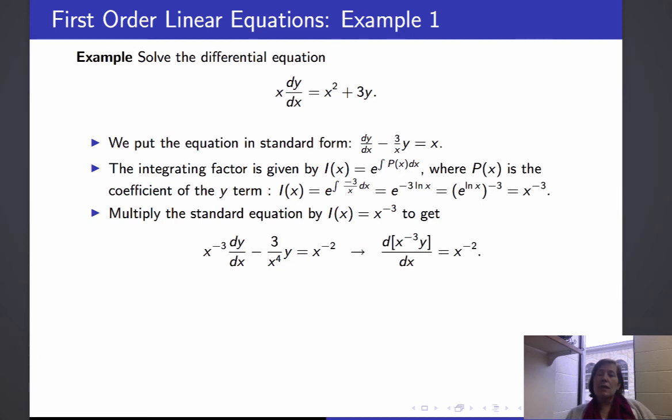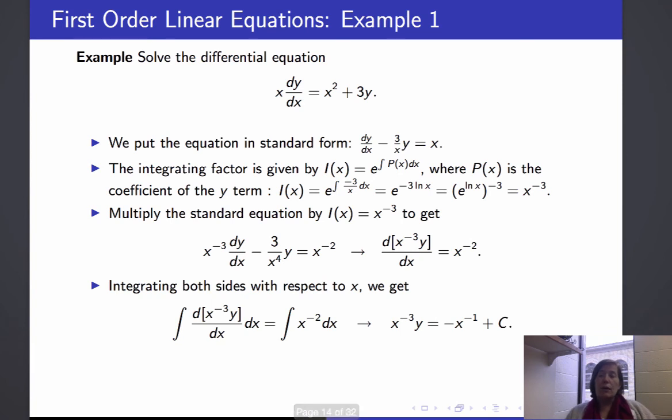This left-hand side should always be the derivative of y times the integrating factor. You should check that just to make sure that you've calculated the integrating factor properly. The important thing is that it's the derivative of y times x to the minus 3. On the right-hand side, of course, is x to the minus 2.